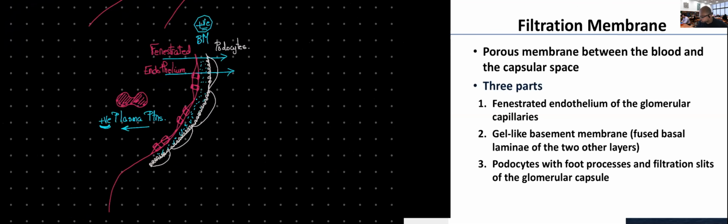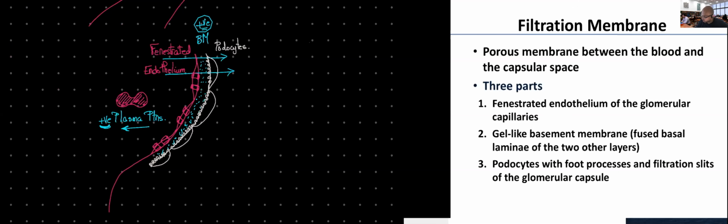Would I have attraction or repulsion? What do you think? If both are positively charged, would I have attraction or repulsion in between? I would have repulsion. So as I try to filter the plasma proteins, they are positively charged, like the basement membranes, they will be pushed back into the blood, and this will prevent their filtration.